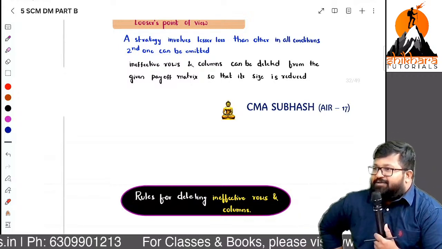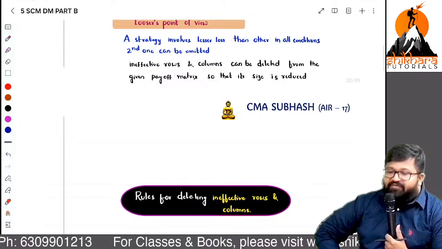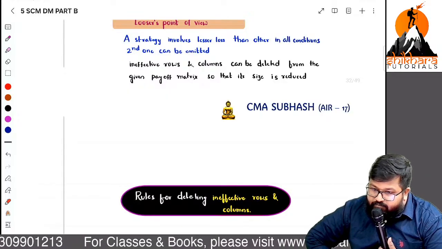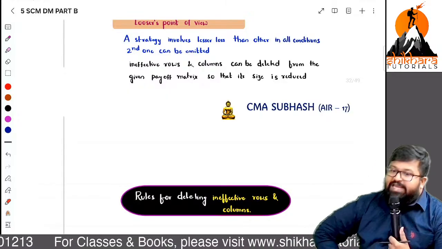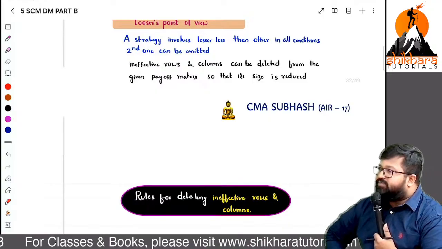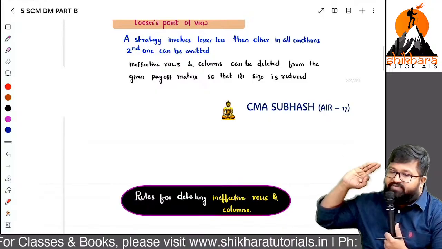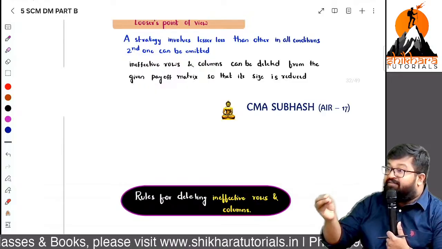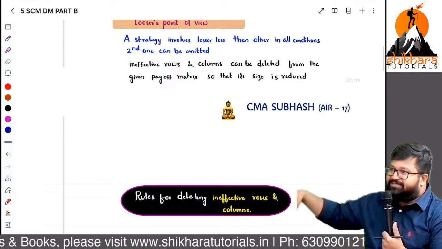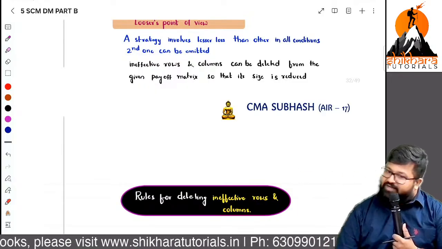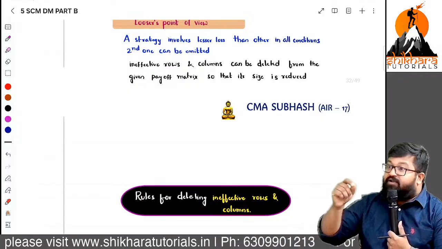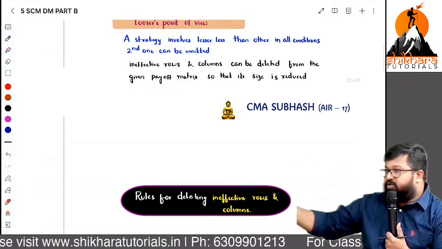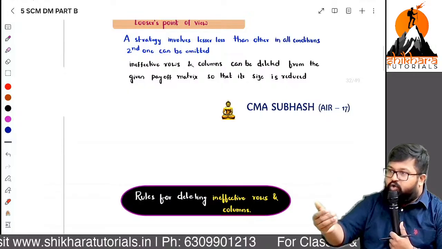If elimination is not possible, there is something called rule number 3. Rules I will explain next, because I gave the basic idea of how to go with the process.